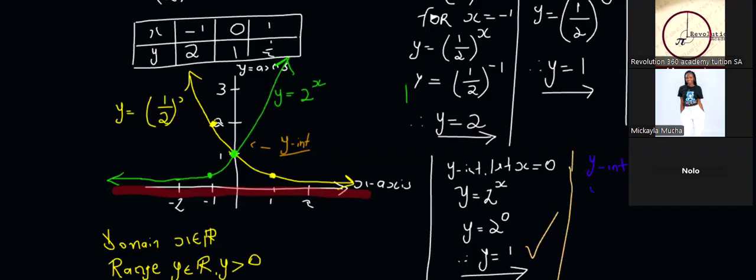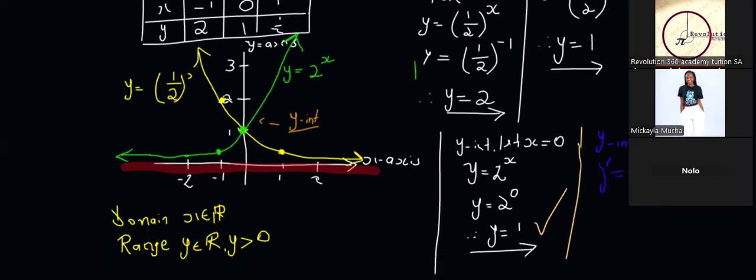Now the next step, what basically you will do, we are substituting 0 where there is x. So it's going to be y is equal to 1 over 2 to the exponent of 0. What happens? In math, you know that anything to the power of 0, the answer is 1. Therefore, here we're going to have y is equal to 1.